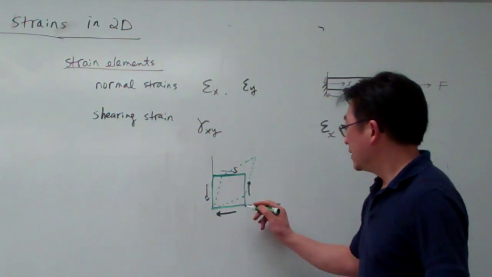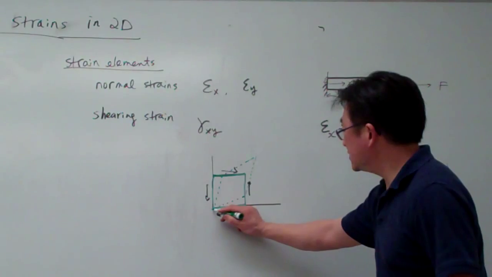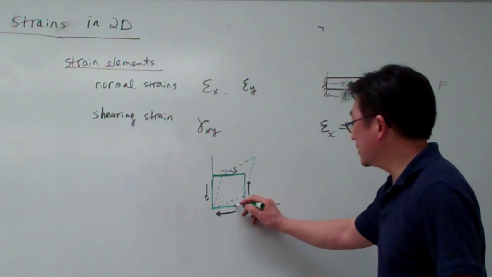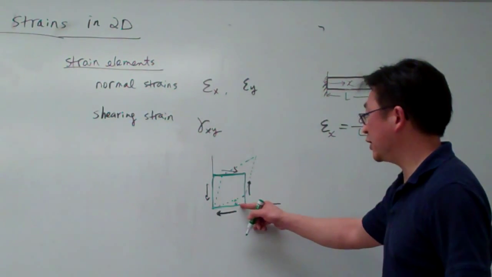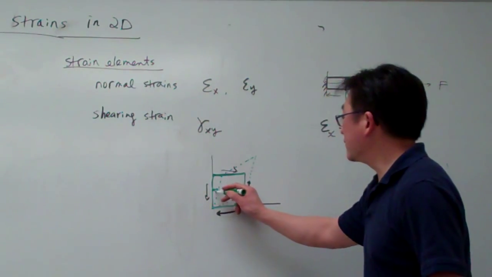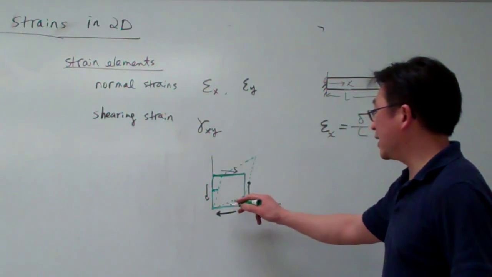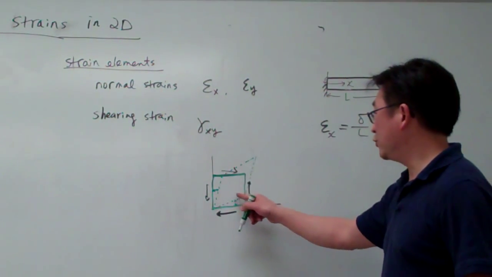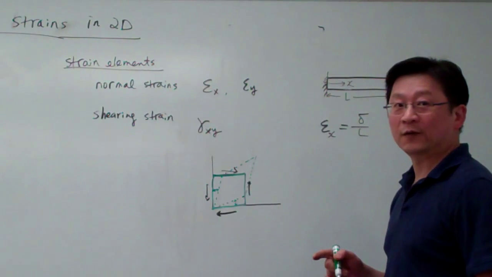You can see this side moves to here after deformation, so the material experiences a change in angle. The same on this side. If the element has equal dimensions, then the two angles must be equal.